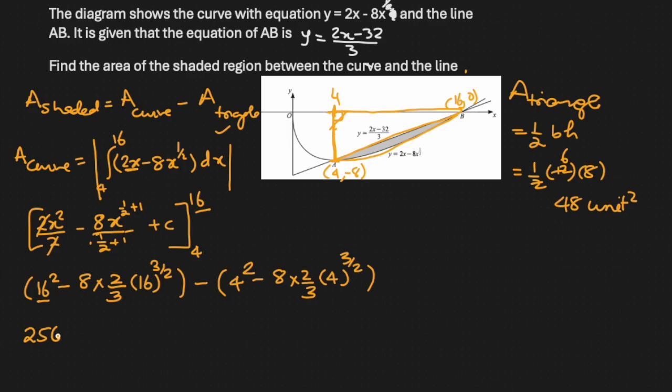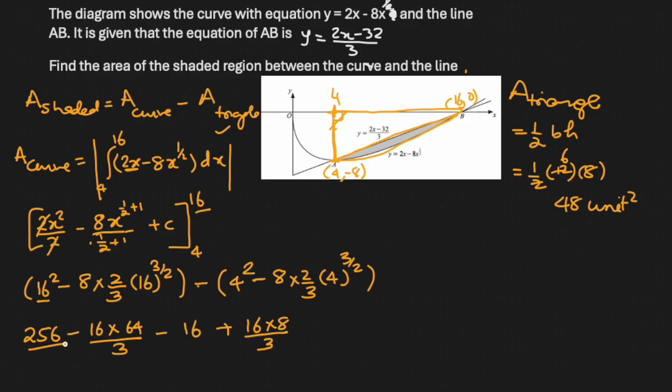256, and 16 over 3, and this will be 64, minus 16 times 64 over 3, minus 16, plus this negative and this negative make it plus, so 16 times 8 over 3.